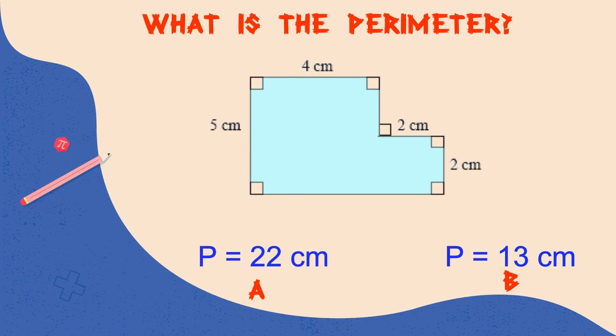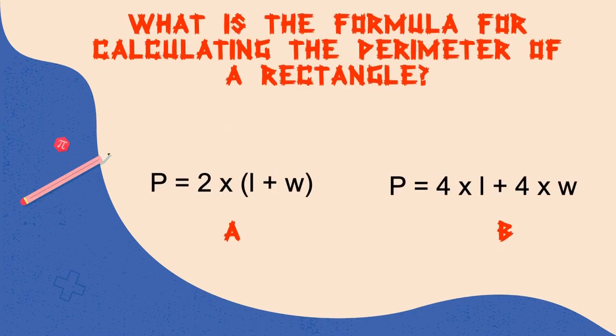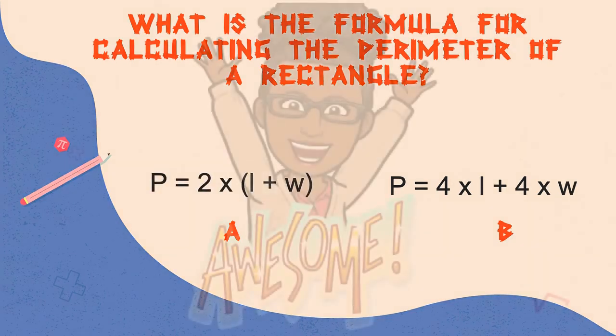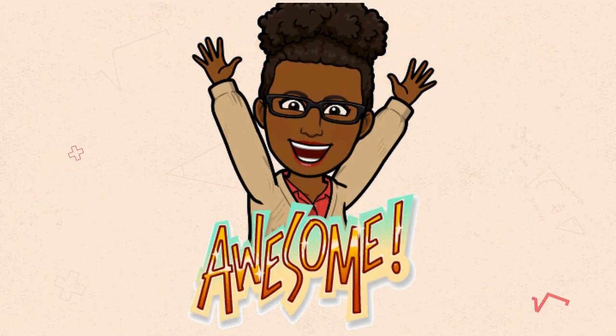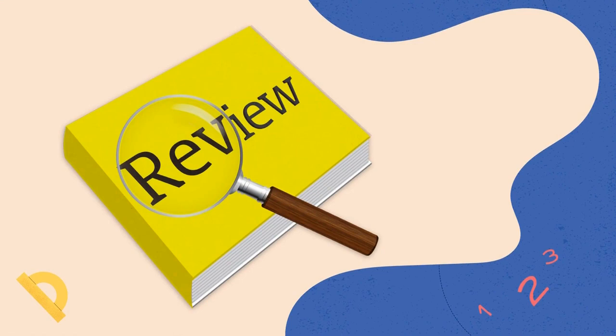Awesome job, guys. What then is the formula for calculating the perimeter of a rectangle? Look carefully. If you said A, you are correct. Awesome job, guys. I'm super proud of you. Let's do a quick review. We learned quite a number of things today.